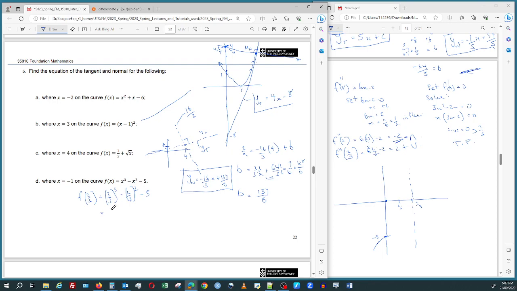Two 4 2s are 8 over 27. 2 2s are 4 over 9 minus 5.